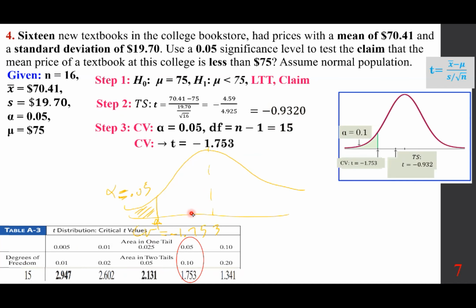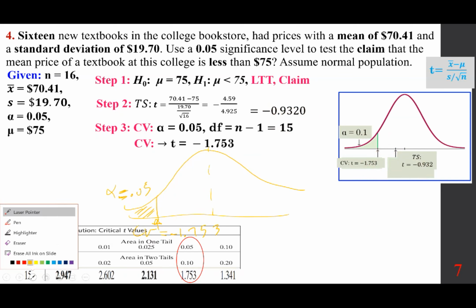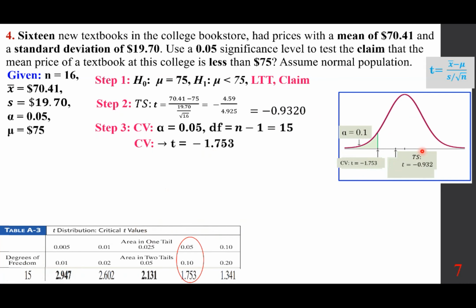And of course, this is a better graph. So T is negative 1.753, alpha is 0.05, and this number, negative 0.932, is somewhere in the non-rejection region. Therefore, fail to reject the null hypothesis.